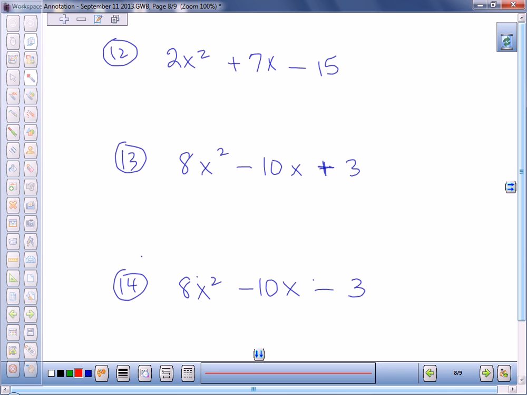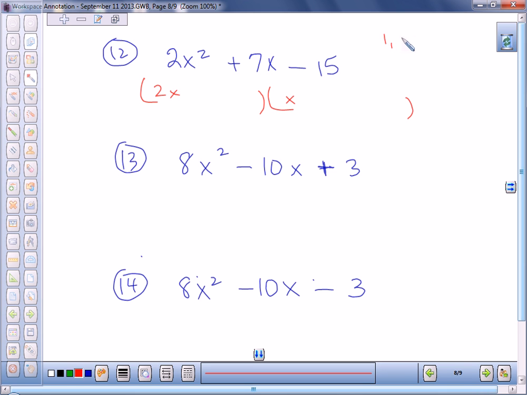So I'm going to always start with the one that is prime. What's the only way to break up 2x squared? 2x and 1x. And then the math puzzle begins. I'm multiplying to get a negative, so I know that one has to be positive and one has to be negative. And my factor pairs for 15 are 1 and 15 and 3 and 5. Those are the only two options I have.